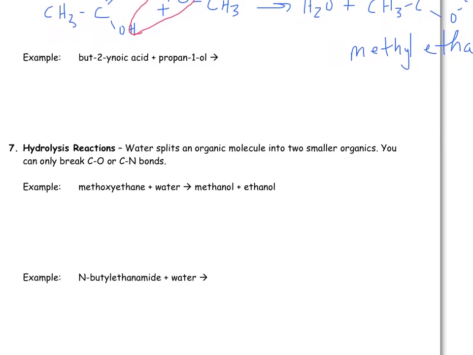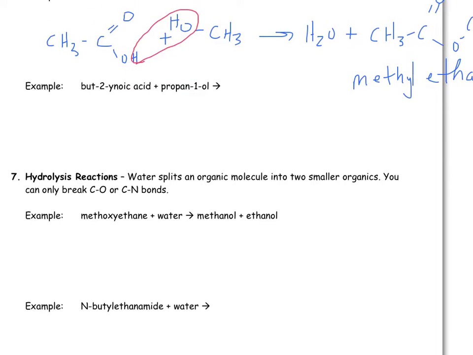Pause the video here and condense but-2-enoic acid and propan-1-ol. Here's the answer for the next example. Because again I have a carboxylic acid and an alcohol, they're going to condense together to give me an ester.